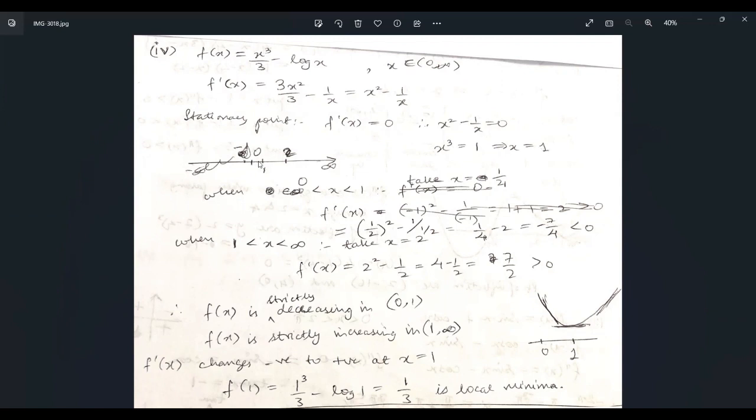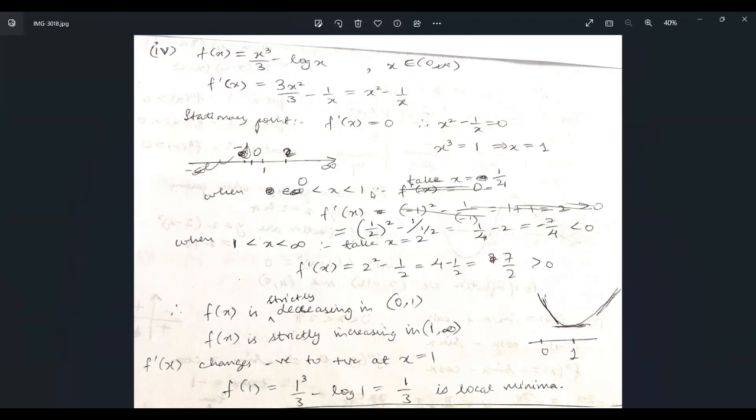Now the real axis is divided into two sections, one to the left of 1, the other to the right side of 1. Now to evaluate f dash of x in each of these intervals, when x lies between 0 and 1, the point I'm taking is 1 by 2 to evaluate.